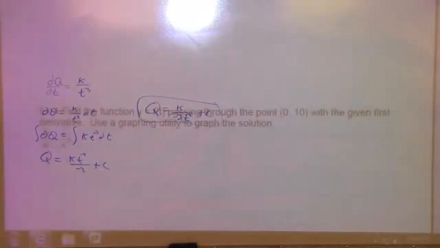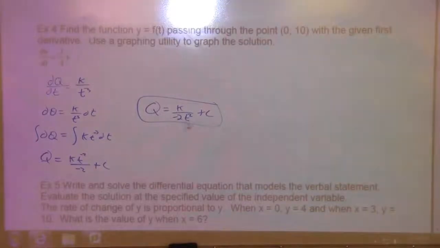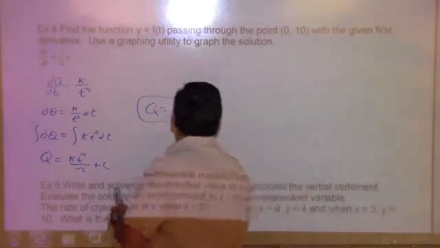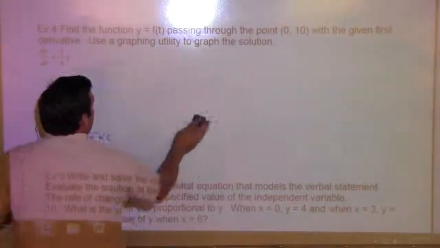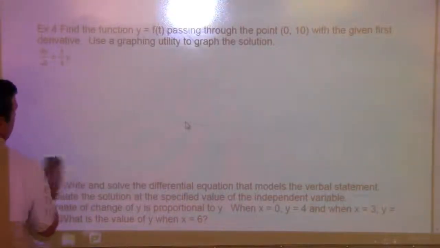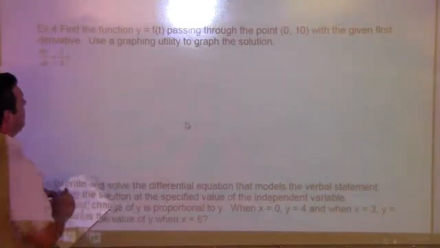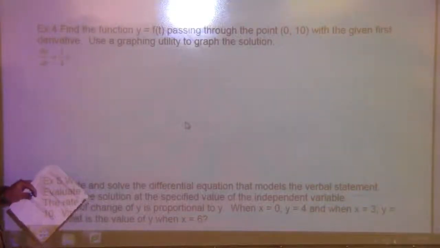Let's go on to example 4. Find the function y equals f of t passing through the point (0, 10) with the given first derivative. Use a graphing utility to graph the solution. So dy/dt equals 3/4 y.